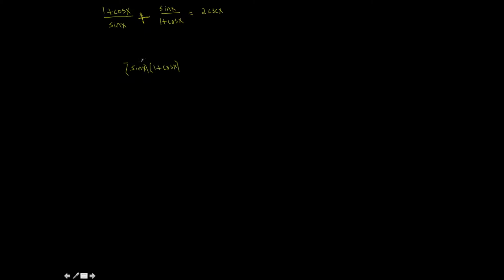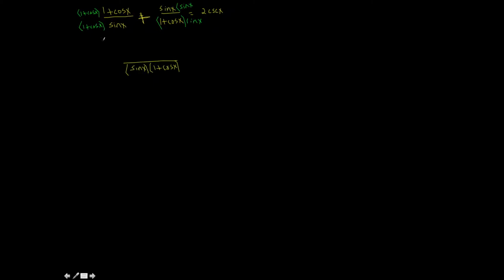Now when I do that, that is going to cause me to have to multiply this side times 1 plus cosine x to get the common denominator. And that is going to cause me to have to multiply this side times sine x.